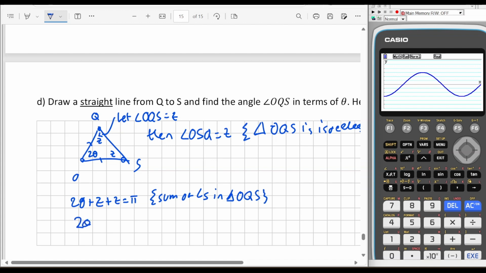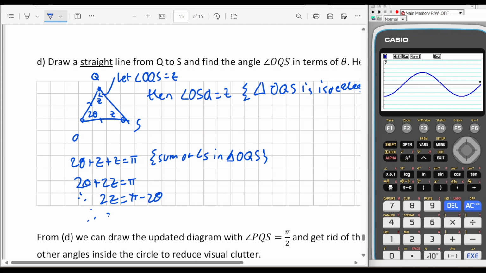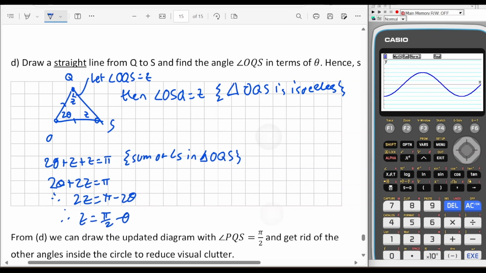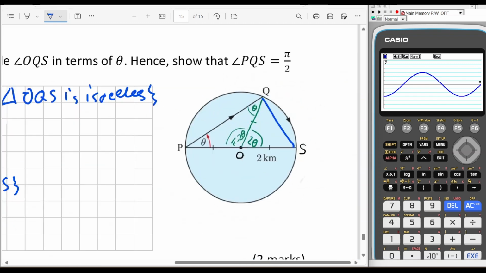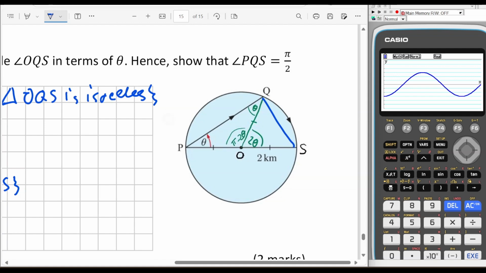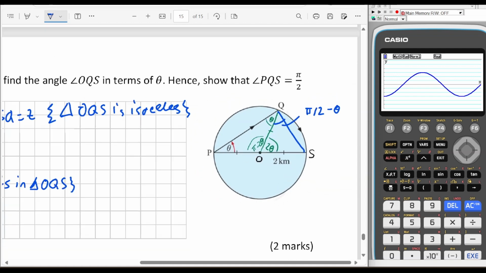So 2 theta plus 2z is pi. So 2z is pi take 2 theta. So z is pi over 2 take theta, so halve everything. So if we look up here, we've now learnt that this angle in here is pi over 2 take theta.